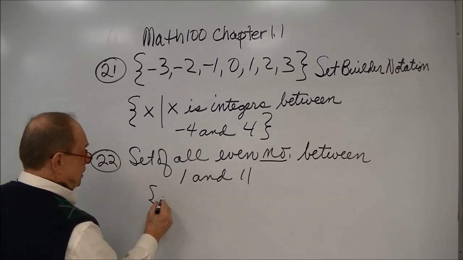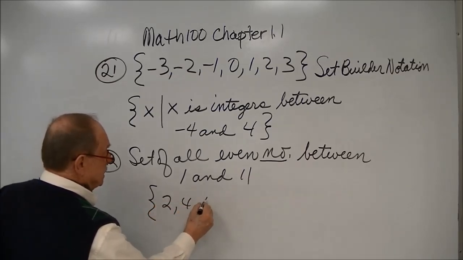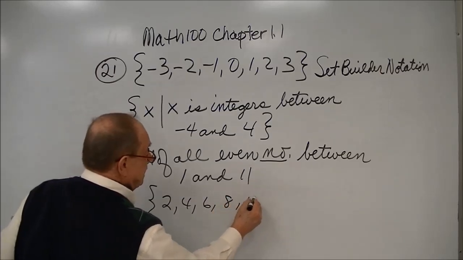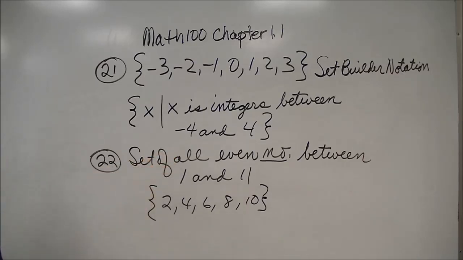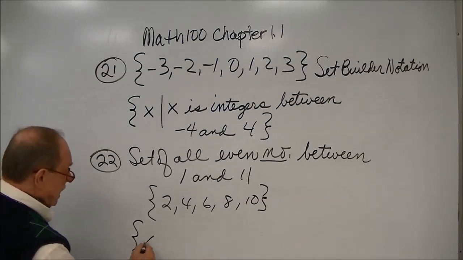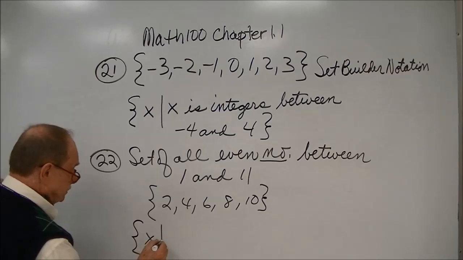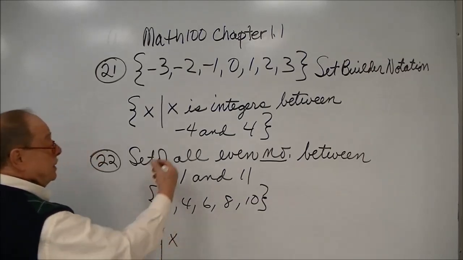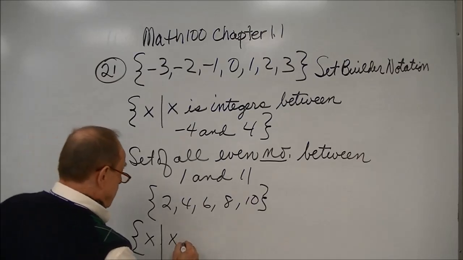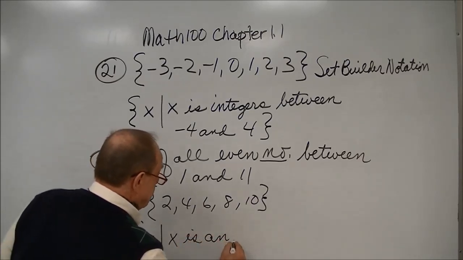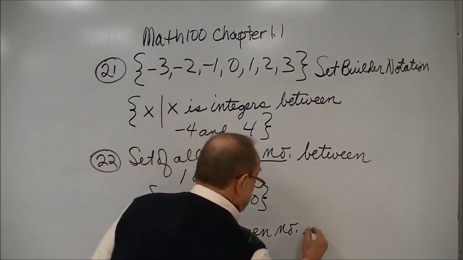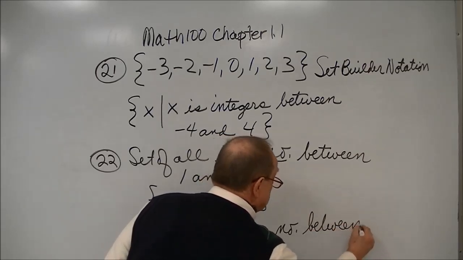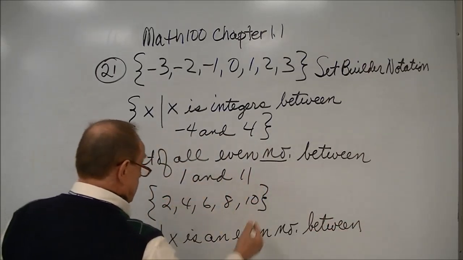So the first one is going to be 2, 4, 6, 8, 10. That would be another way of saying what they're saying here. And to put it in set builder notation, you would say x is such that x, and you just have to write this out, is an even number between 1 and 11.